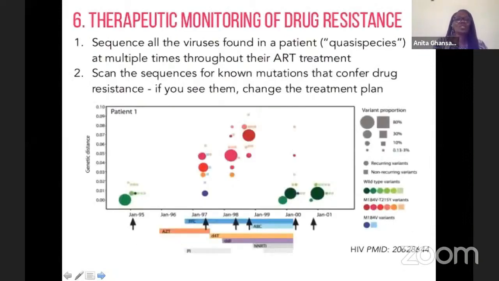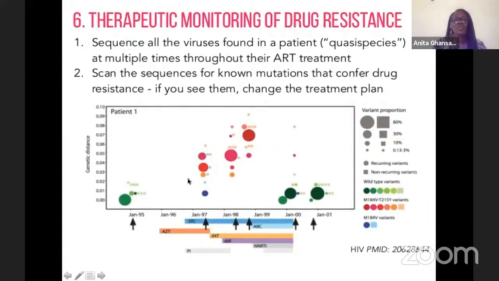The next thing we can do is therapeutic monitoring of drug resistance. So for instance, if somebody is on antiretroviral treatment, if you sequence the viruses in this patient multiple times and scan the sequences for known mutations that confer resistance to the drug, then you can change the treatment regimen if you find that that individual with time is harboring resistant viruses to the drugs.